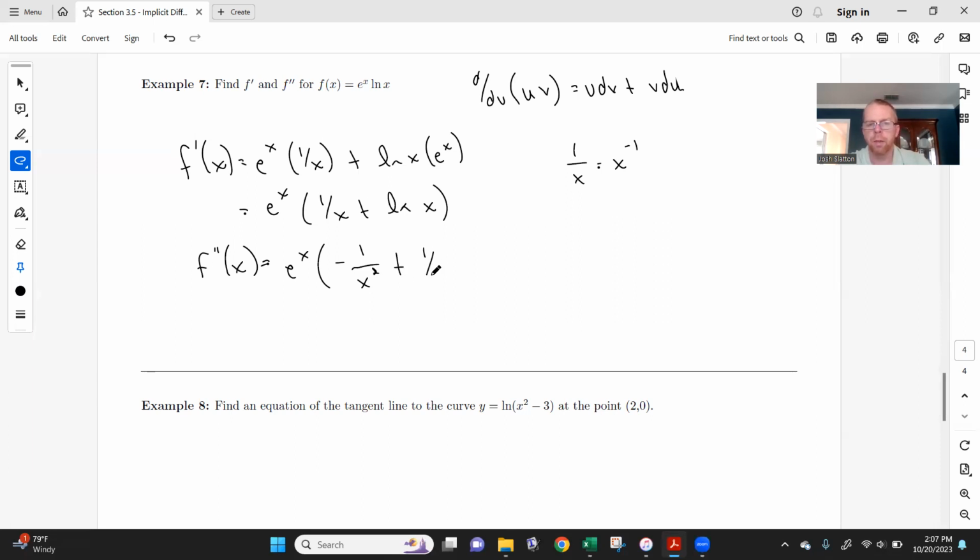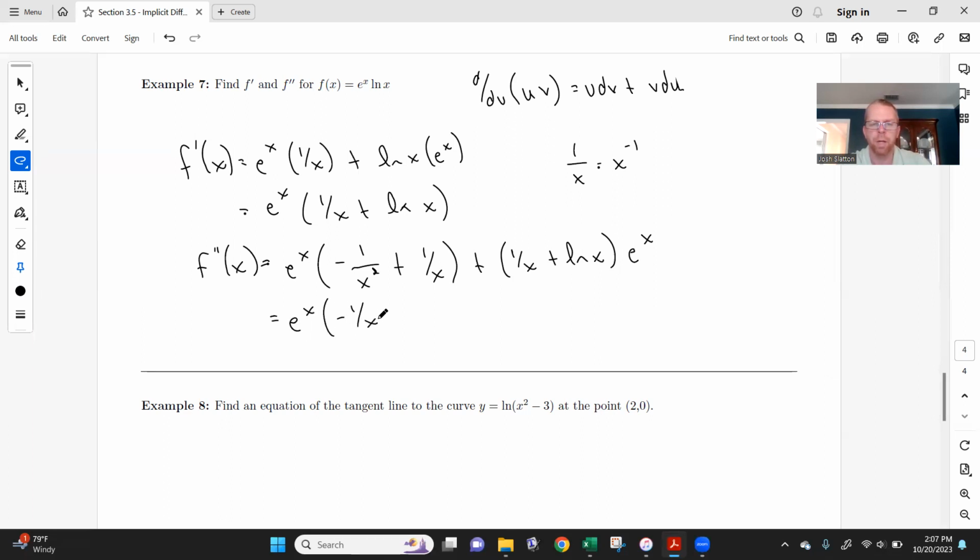Plus 1 over x. And then we're going to have plus 1 over x plus ln of x. We're going to hold that one the same, and then take the derivative of e to the x, which is just e to the x. Now it's just a matter of simplifying this. We have e to the x in both, so let's factor that out.